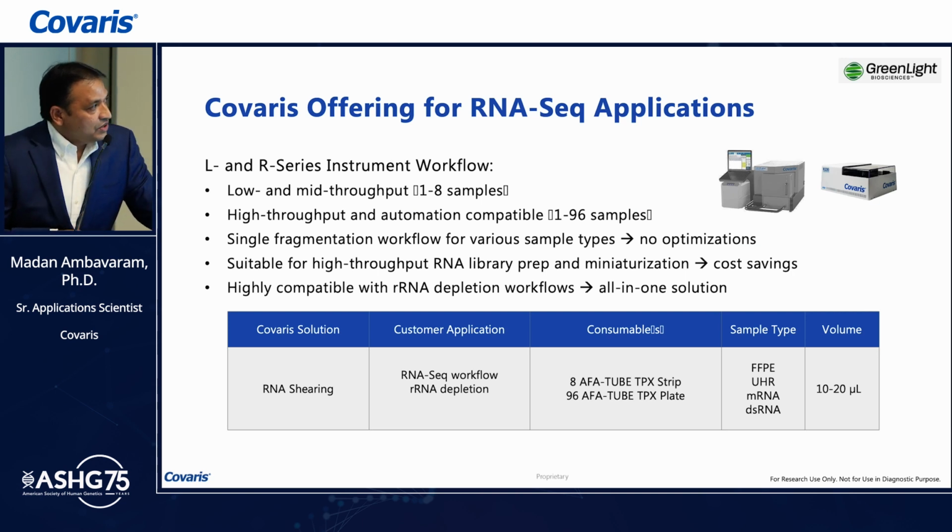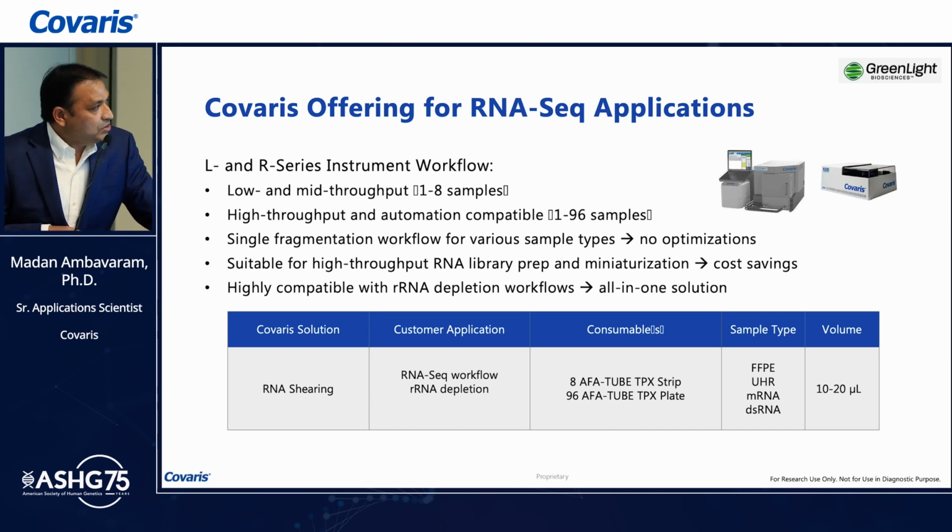The Covaris offering for RNA sequencing applications includes two instruments and is high-throughput capable. You can use from 8 to 96 samples. We have a 96 AFA TPX plate option, and low-throughput, mid-throughput, and high-throughput solutions. The key takeaway is that this is a single fragmentation workflow for various sample types, which requires minimal or no optimization.